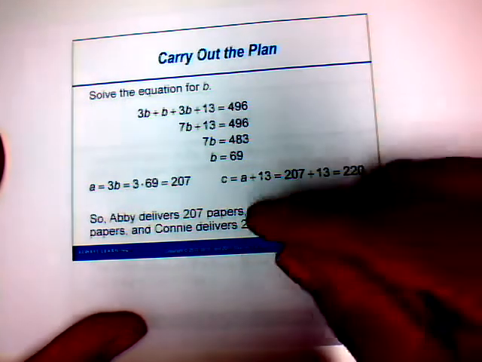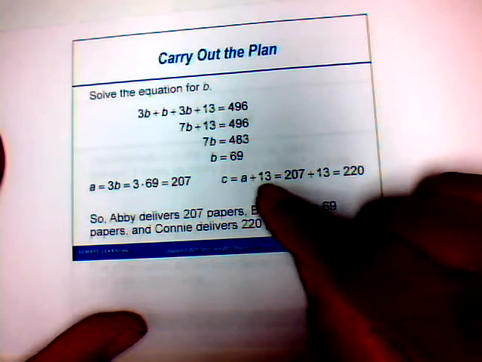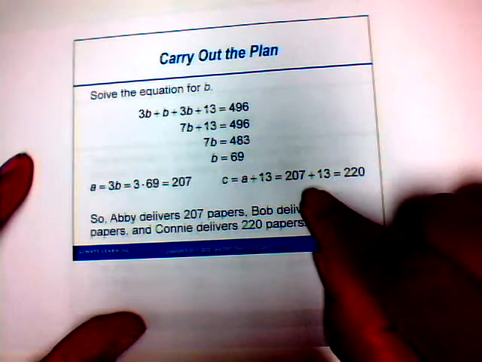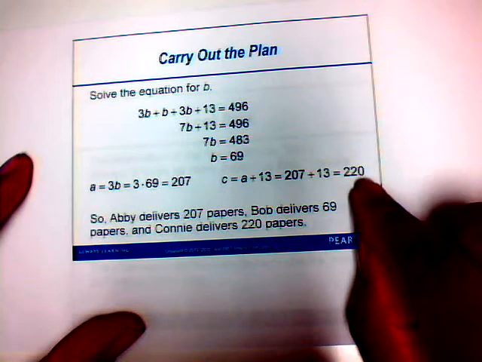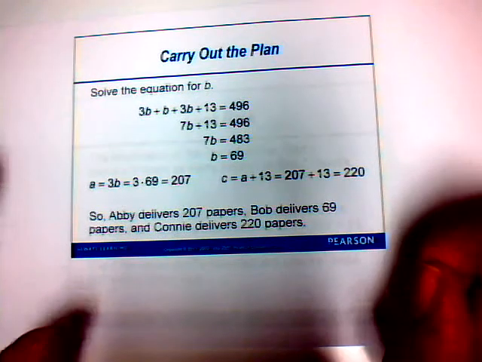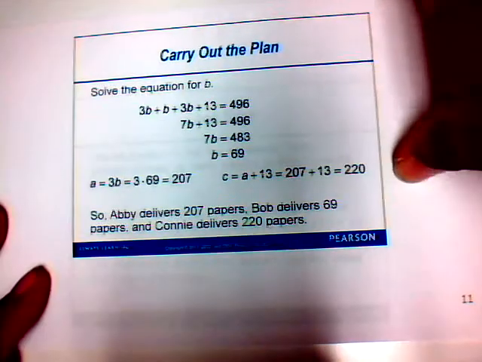For the number of papers that Connie delivered, it was 13 more than Abby, so it's A plus 13. Abby delivered 207, so it's 207 plus 13, which gives you 220. So Connie delivered 220 papers. In this case, Abby delivered 207 papers, Bob delivered 69 papers, and Connie delivered 220 papers.